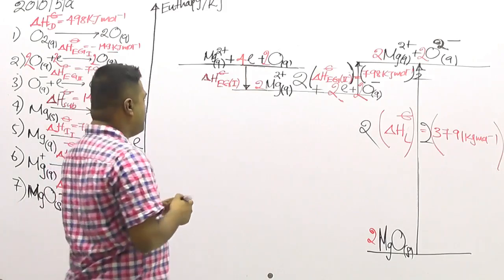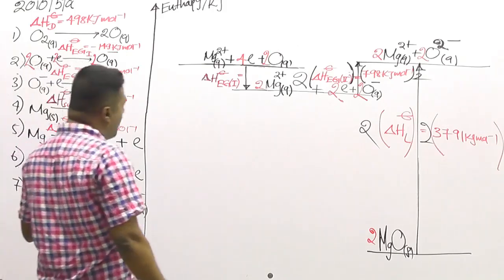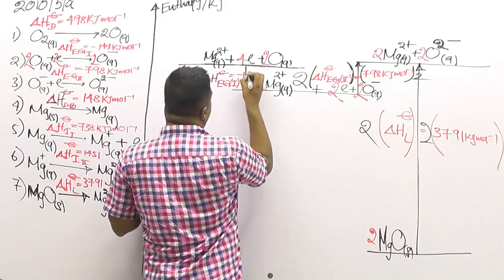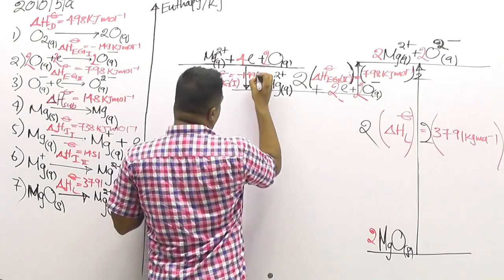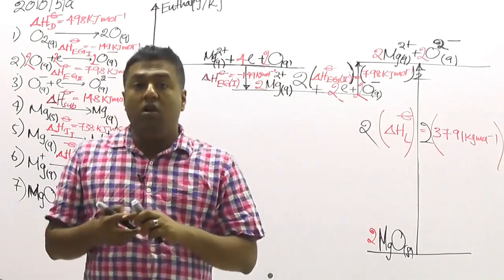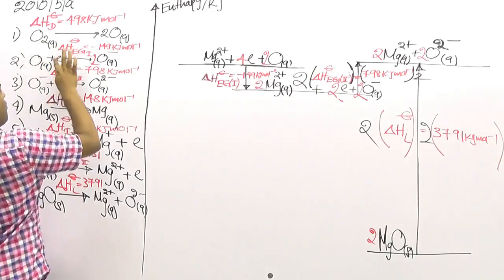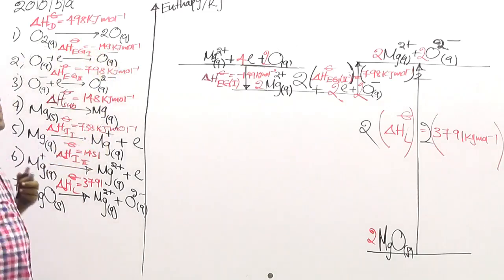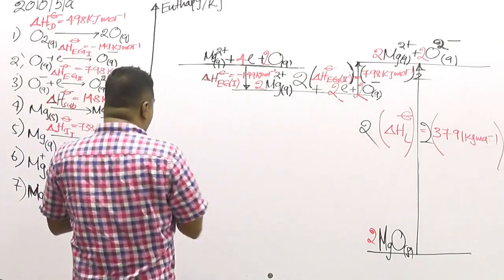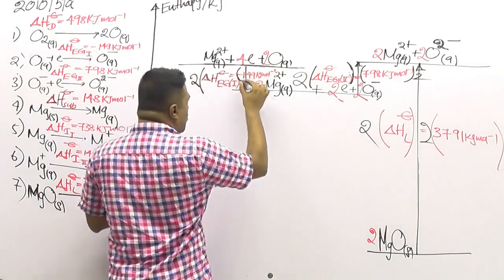First electron gain enthalpy, and its value is minus 149 kilojoules per mole, but that value is for 1 mole of O minuses, so twice of that and twice of this.